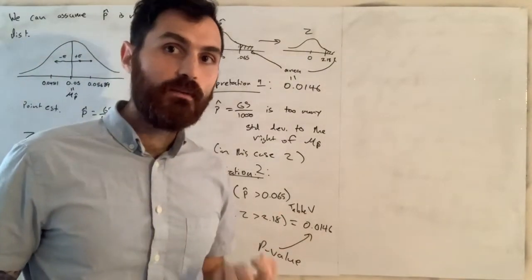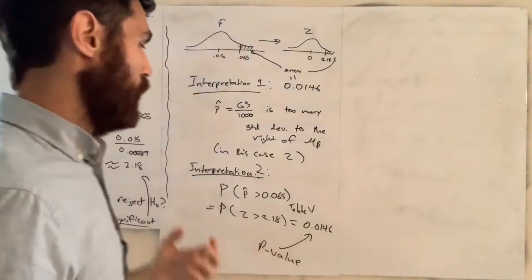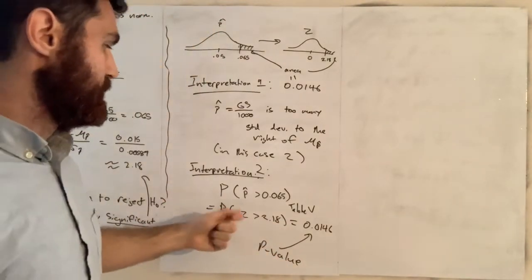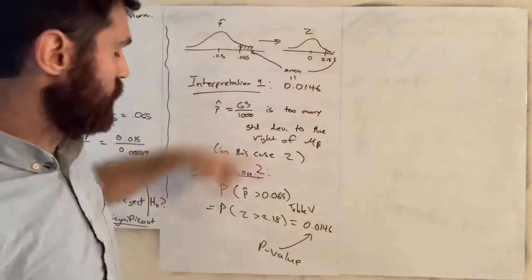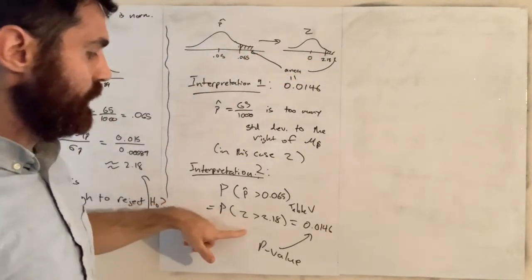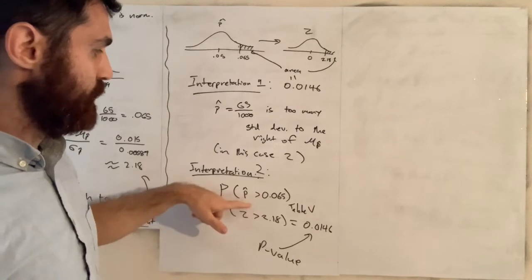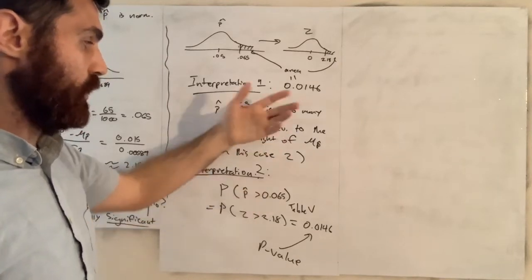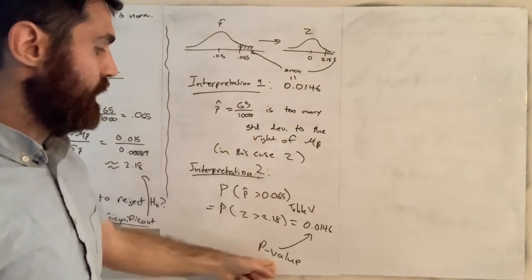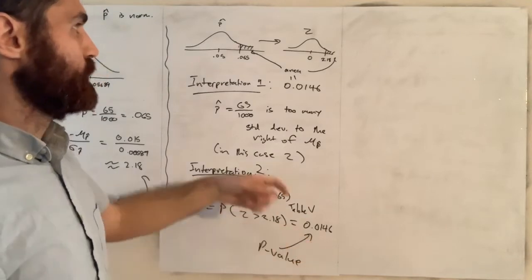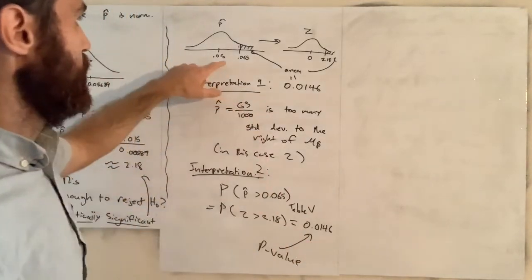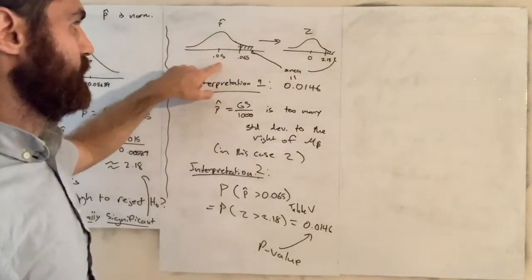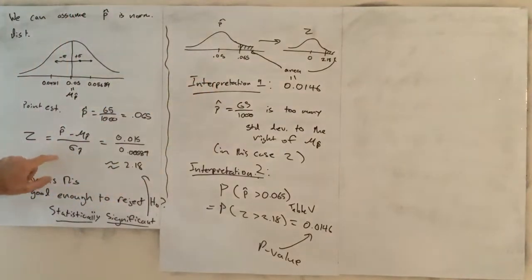So that's pretty small. And so again, what we're saying is, since the area under this curve, or the probability that our sample proportion is going to be that or above, is very, very small, we're actually going to reject the null hypothesis. Because what it's saying is, if the null hypothesis is true, this is highly unlikely.